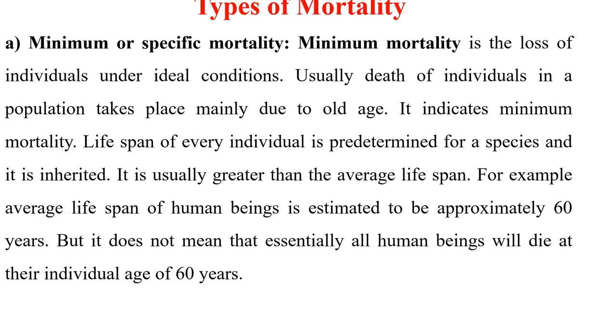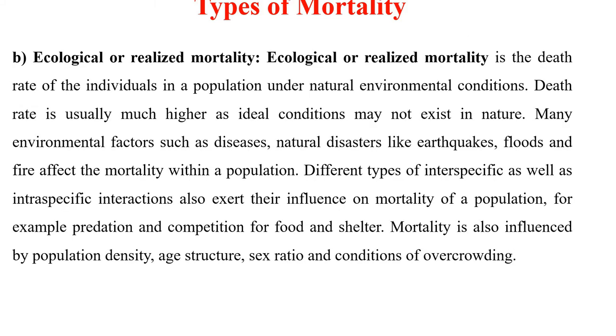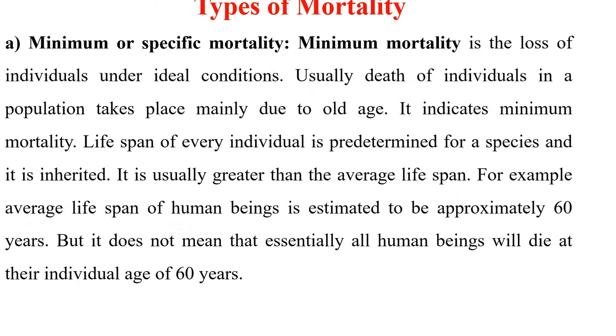Now we'll consider the next point, that is types of mortality. First, that is minimum or specific mortality, and second one, that is ecological or realized mortality, like that of natality.